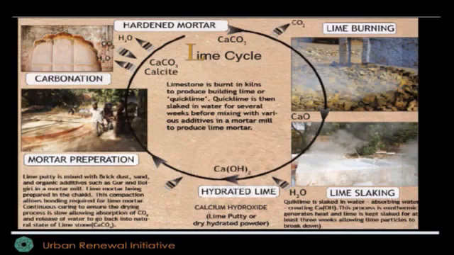Why do monuments survive? What was the historic traditional building material? Now, traditionally, we were building either with mud or with lime mortar. I'm talking about binding bricks, binding stone. So why does lime work?